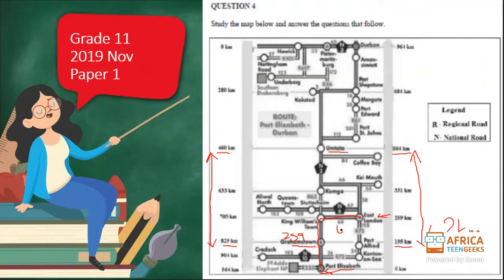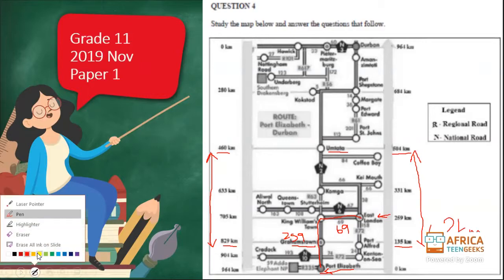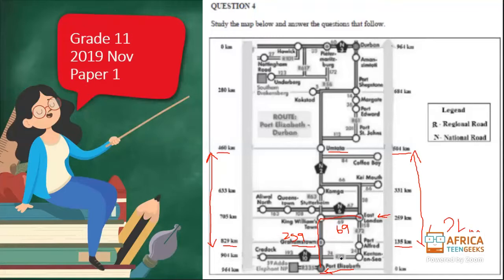Sorry, this is not clear, right? 69. So via the N2, the distance is 259 plus 69. Because I said the question is not clear, let's say you're traveling via the R72.